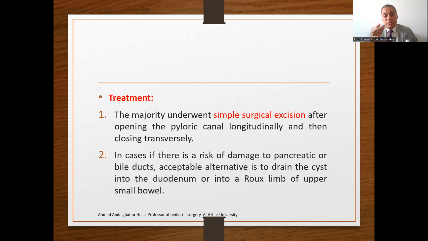In these rare cases, if there is a concern that removal of this duplication of the pylorus may injure the pancreatic or the bile duct, you may perform some sort of internal drainage.